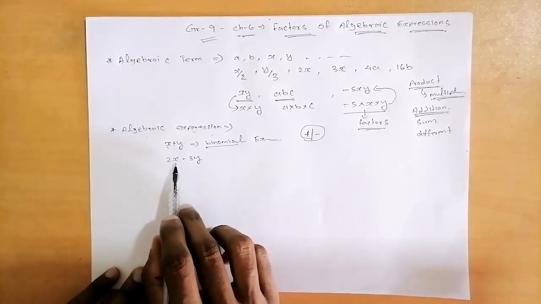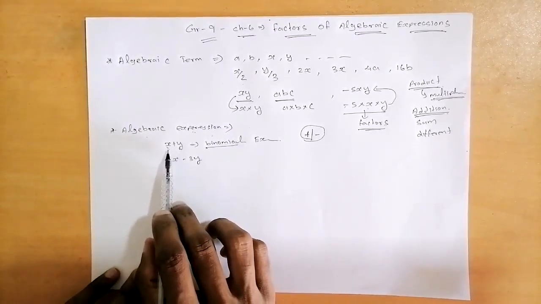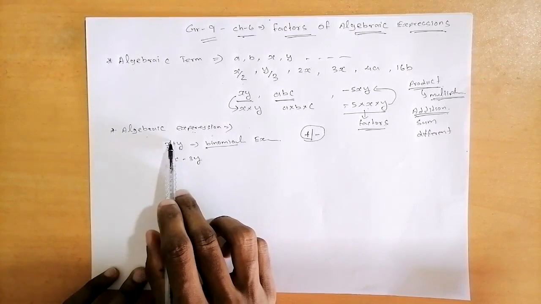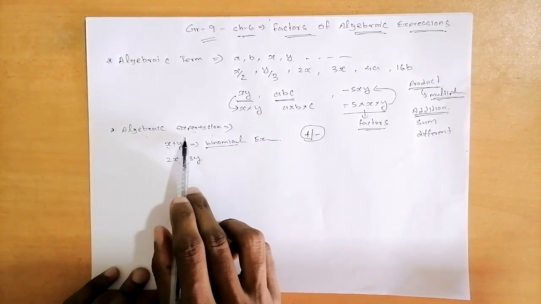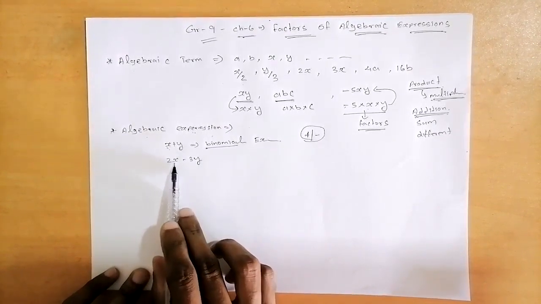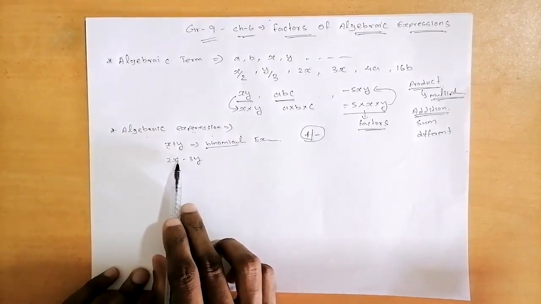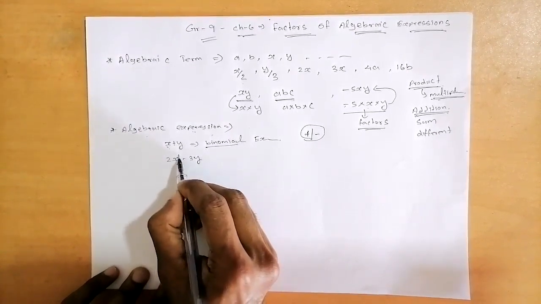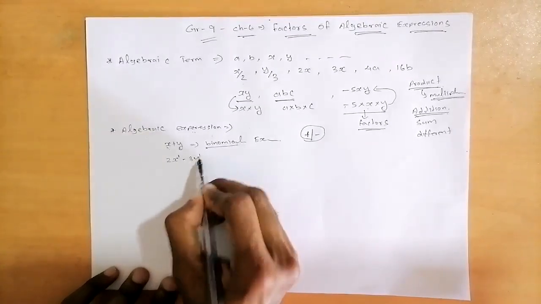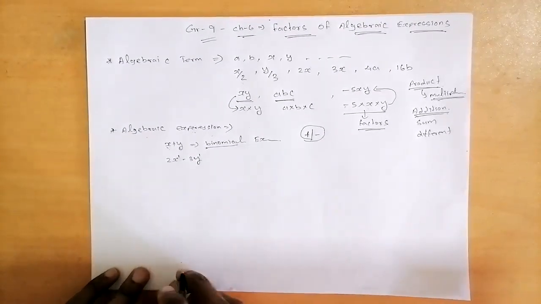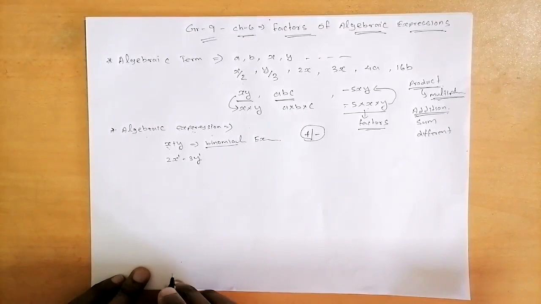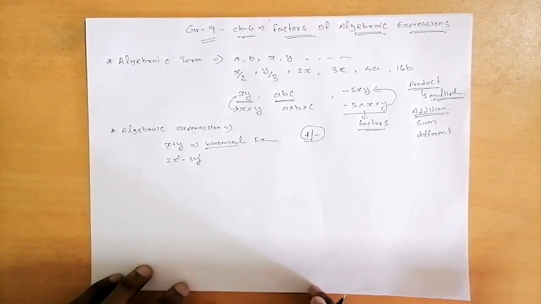Here we have x with the power of 1, and y is also with the power of 1. In 2x, the x has power 1, and y to the power 1. We don't write power 1, as we studied in indices.